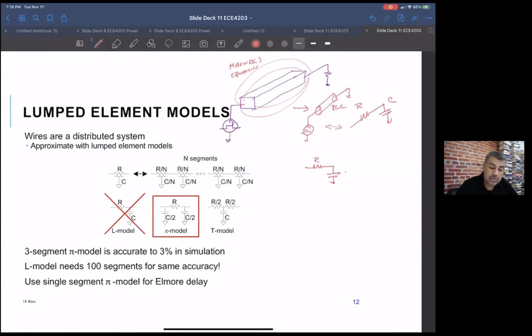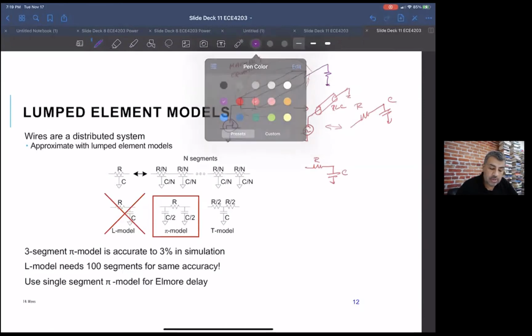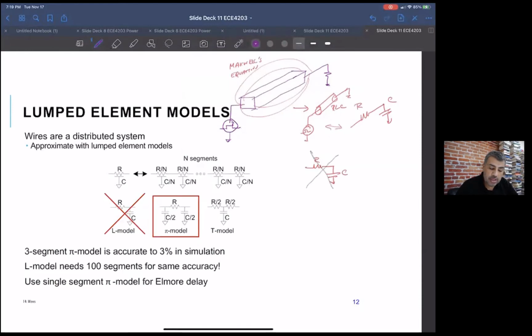But typically, this RC for medium to long length lines is not good enough. And if you try to do a transmission line analysis on every line, that's a little too much because you're not going fast enough to worry about it. So I think the appropriate thing is this distributed model. You basically break up your RC line into small lengths of RC.